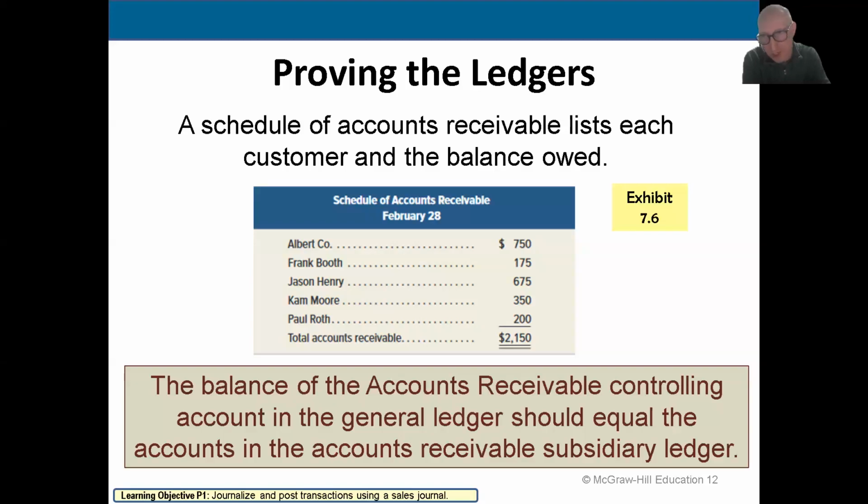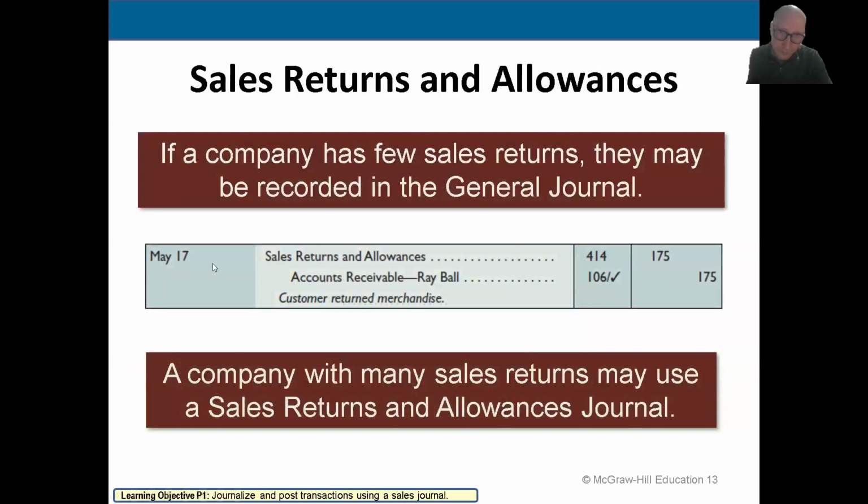If I see that their invoice has not yet been paid, meaning I haven't yet received payment for that bill that I sent my customer, then it should match the balance for that customer. Right? Call that proving the ledgers. And we can do the same thing, of course, with accounts payable.